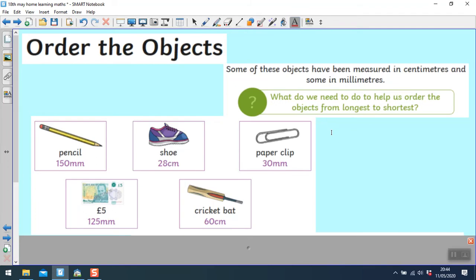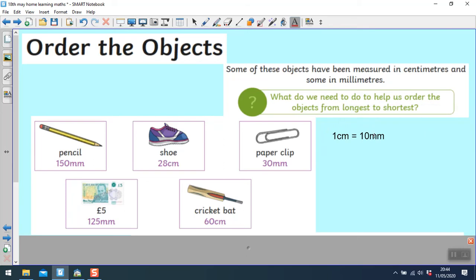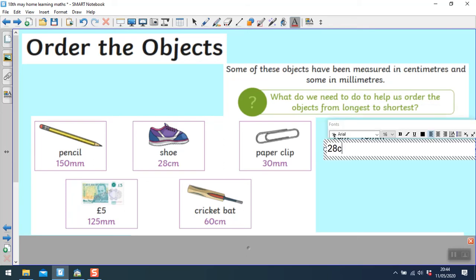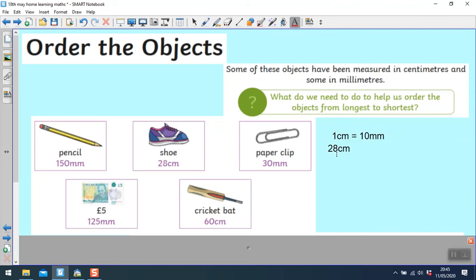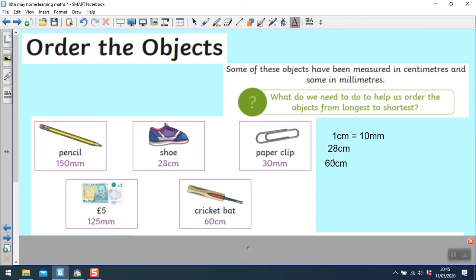Now don't forget, 1 centimetre equals 10 millimetres. So my millimetres number has got to be 10 times bigger than my centimetres number. If that's 28 centimetres, I times it by 10 to get my millimetres number. And then my cricket bat is 60 centimetres. I need to multiply that by 10 to get my millimetres number.